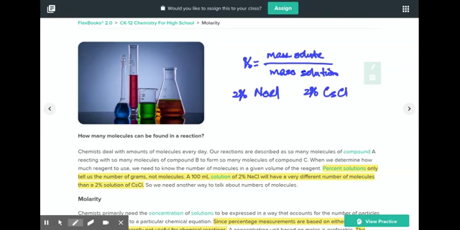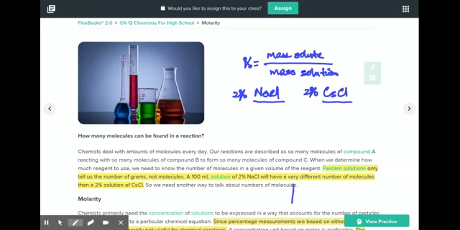The reason is that the molar mass, or the mole amount, of sodium chloride is different than this. Even though they may have the same percentage, the amount of molecules in the solution are different. So when we're actually doing the chemical reaction, the percent solution will not give us much information or help us do the calculation of the reaction.